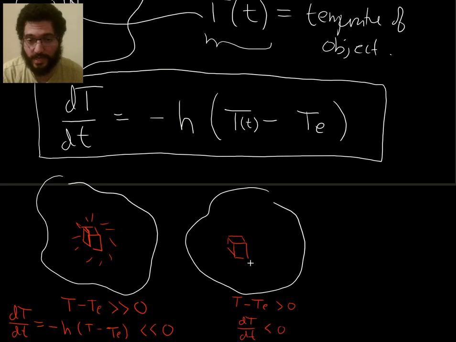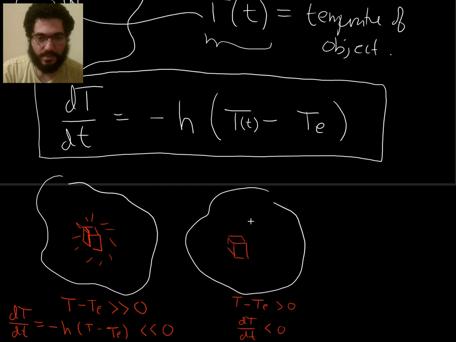So the object would cool down, but more slowly. And hopefully that makes sense. If I have a cup of really hot coffee sitting in the room, then initially when the coffee is very, very hot, it loses temperature quickly, so the temperature drops quickly. But when the coffee is just a little bit more hot than the room, it's not going to drop as quickly.